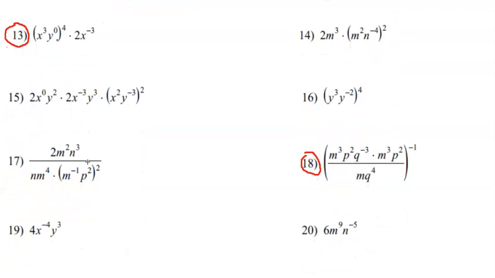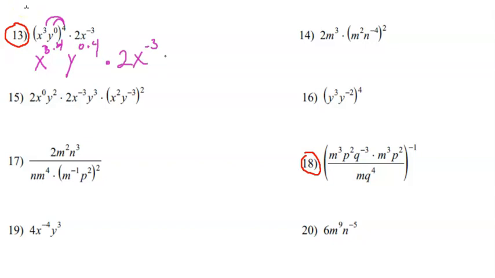We have x cubed, y to the 0, all raised to the 4th, times 2x to the negative 3rd power. Okay, so the zero exponent, well, before we do that, let's go ahead and distribute that 4 to each of those exponents. So I have x to the 4 times 3, and then y to the 0 times 4, times 2x to the negative third.